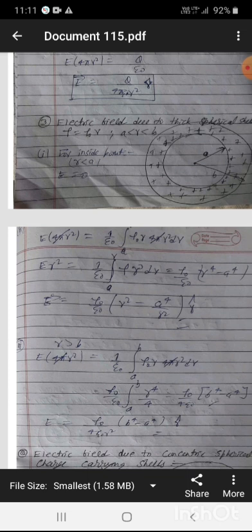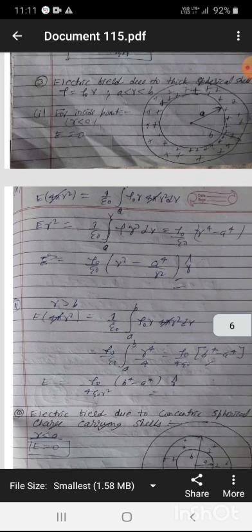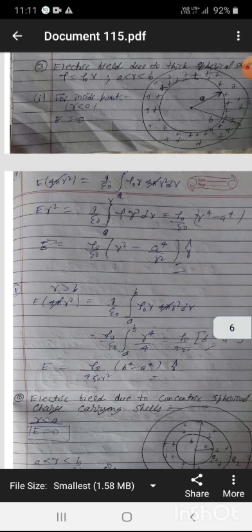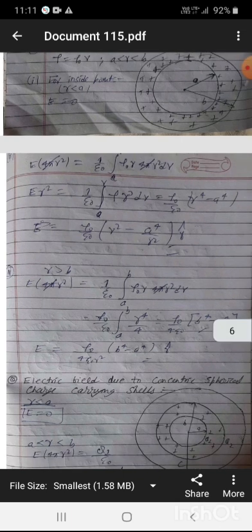So we'll take E dot ds equal to q enclosed by epsilon naught, and upon solving we get E into 4 pi r square equal to 1 by epsilon naught integration from a to small r rho naught r into 4 pi r square dr, and upon solving we get rho naught upon epsilon naught into (r to the power 4 minus a to the power 4) by r square into r cap.